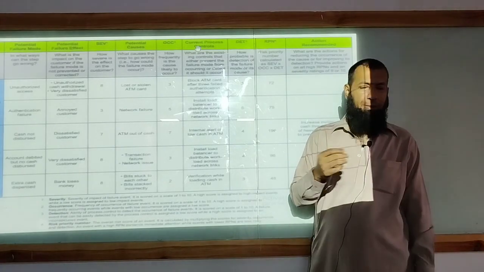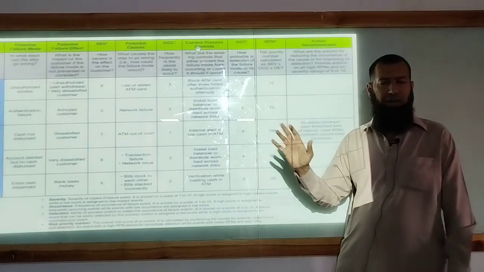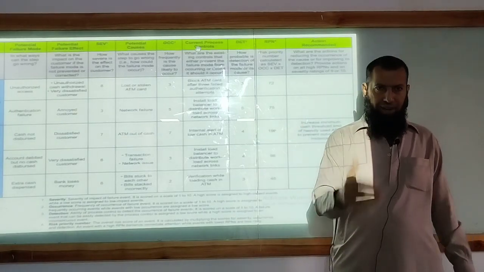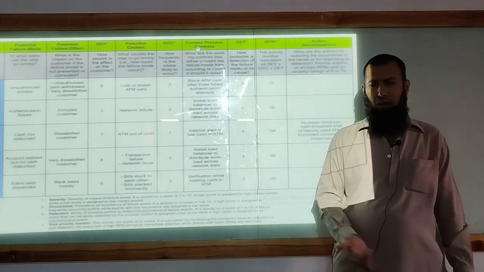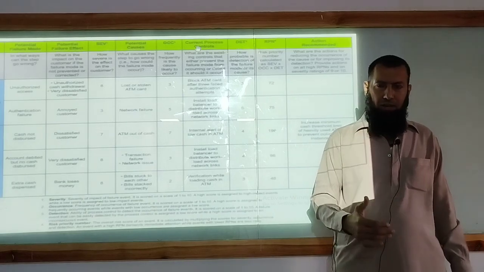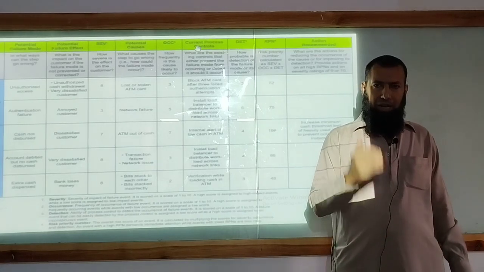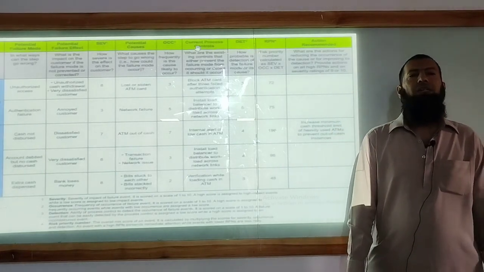I am telling you, this is important. If you don't write more than that, I will not deduct any marks. Mode, effect, severity, occurrence, detection.